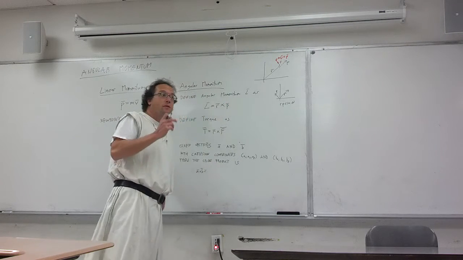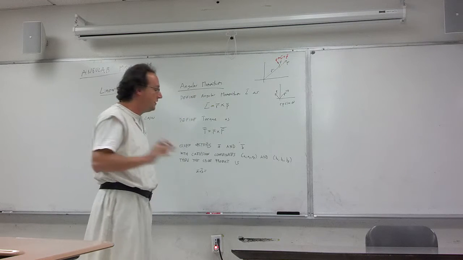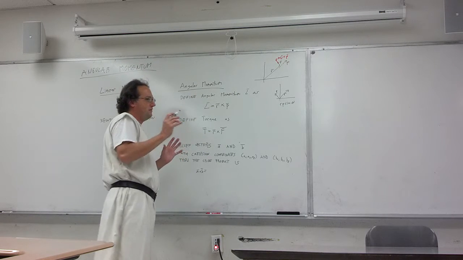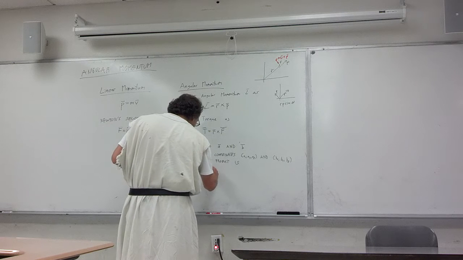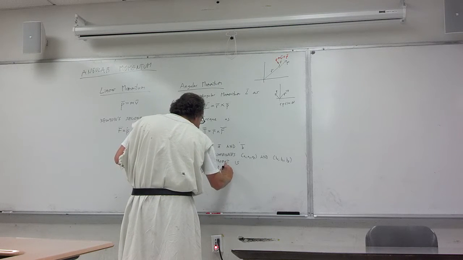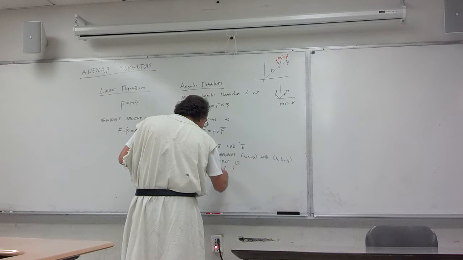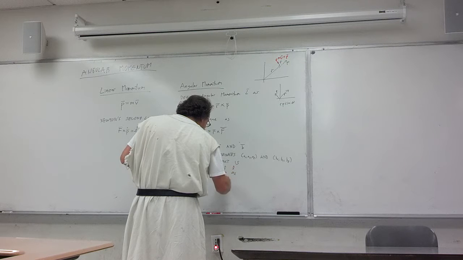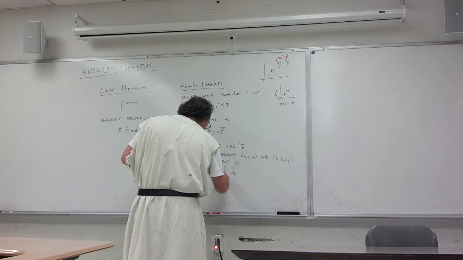Easiest way to remember it, if you're comfortable with advanced mathematics, is just the determinant of kind of a weird matrix. Determinant of our unit vectors x, y, z up here, ax, ay, az here, bx, by, bz here.